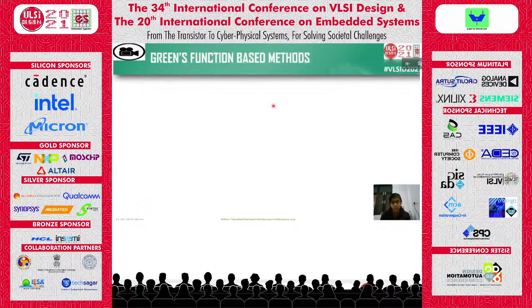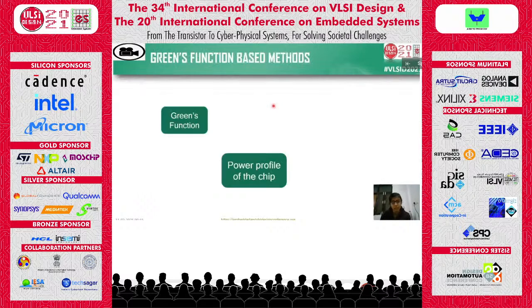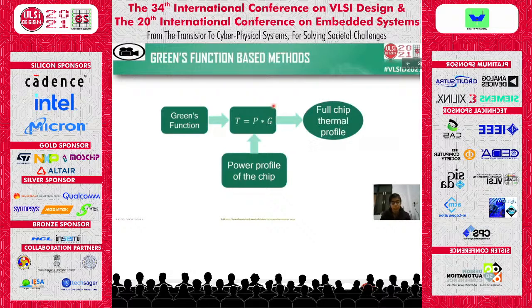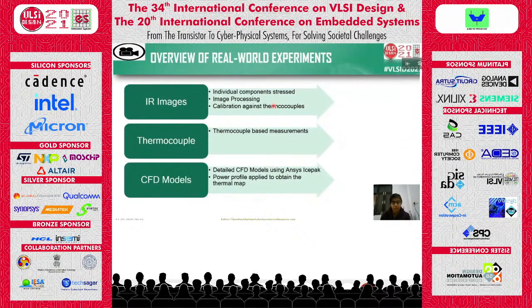In this method, we first obtain the Green's function of a chip based on its geometry and store it offline. And we have the power profile of the chip. During runtime, we convolve the Green's function with the power profile of the chip to obtain the full temperature profile. So we have created CFD models for our devices.